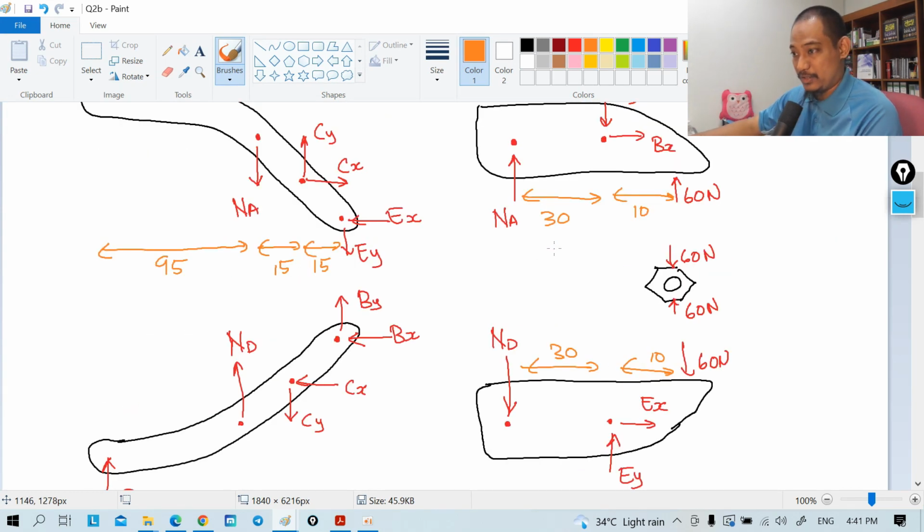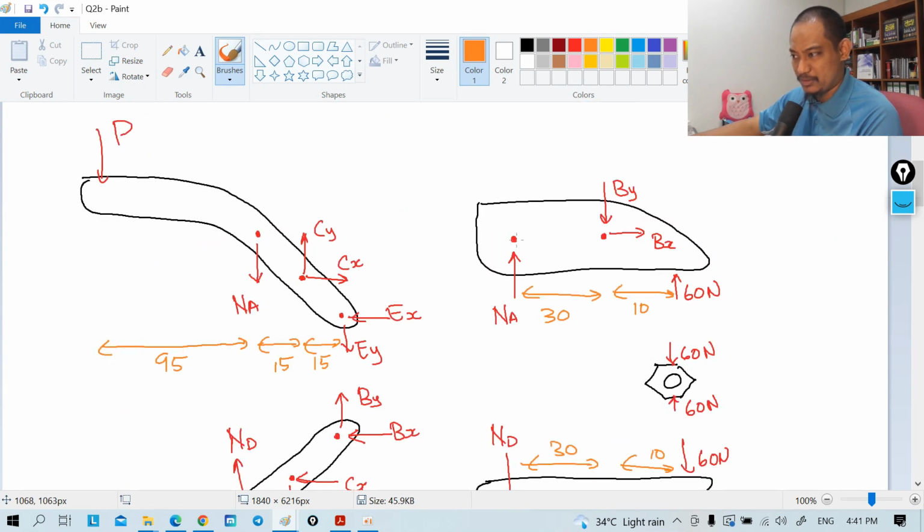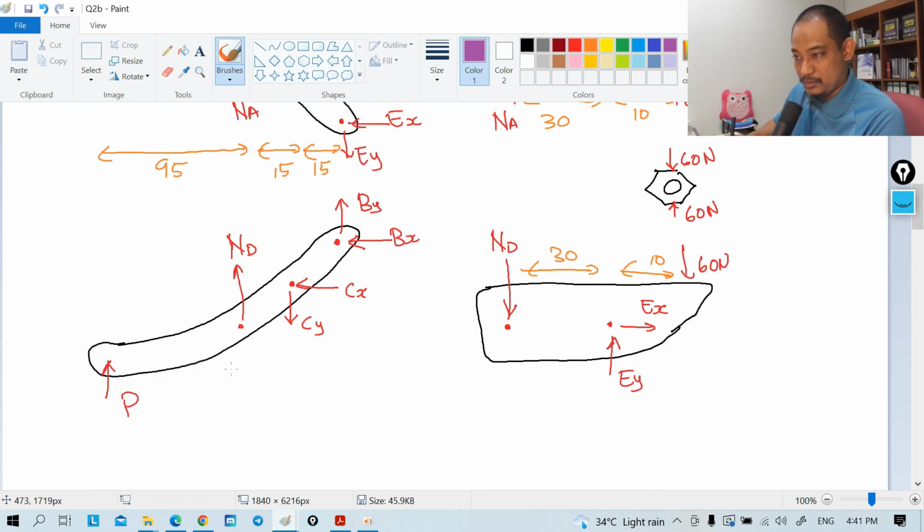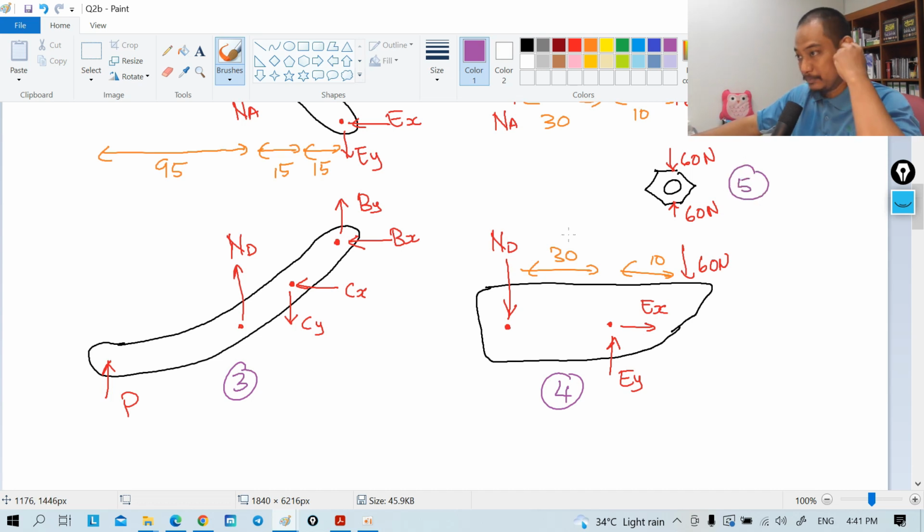Next we need to calculate, right? So we have to label it somehow, because otherwise it's confusing. So let's say this is 1, this is 2, this is 3, this is 4, and this is 5. Let's label it as such.